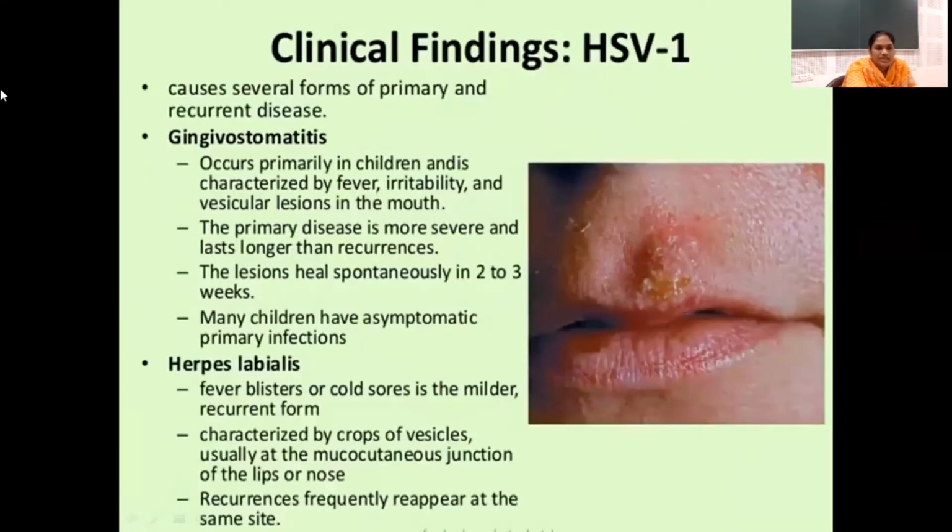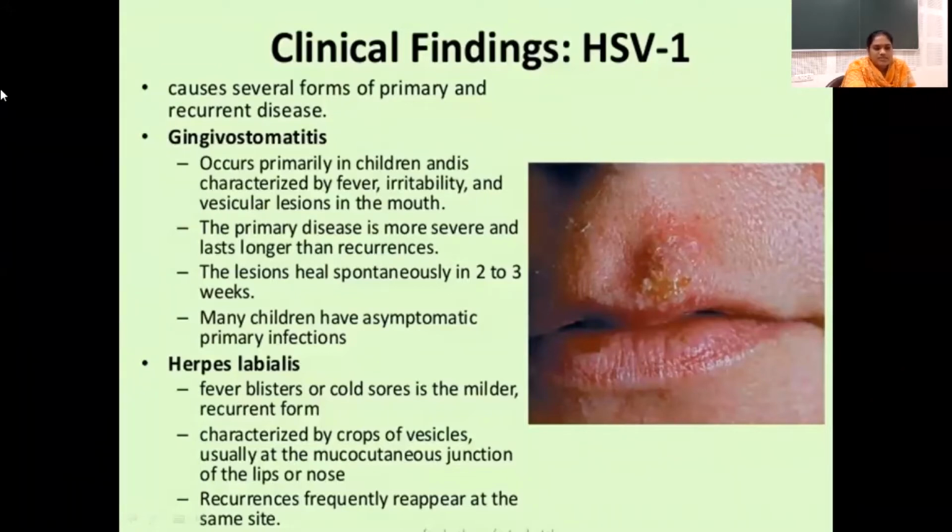So these are the clinical findings of herpes simplex virus type 1. It causes several forms of primary and recurrent diseases. Gingivostomatitis usually occurs in children and is characterized by fever, irritability, and vesicular lesions in the mouth. The primary disease is more severe and lasts longer than the recurrences, and the lesions heal spontaneously in 2 to 3 weeks.